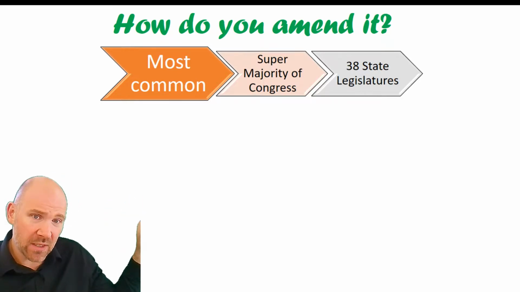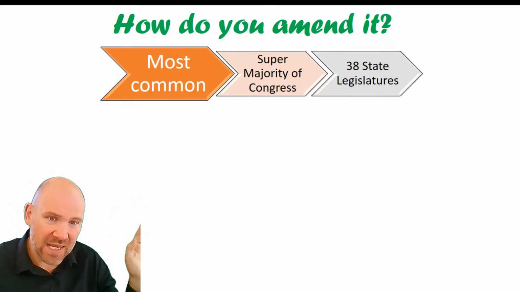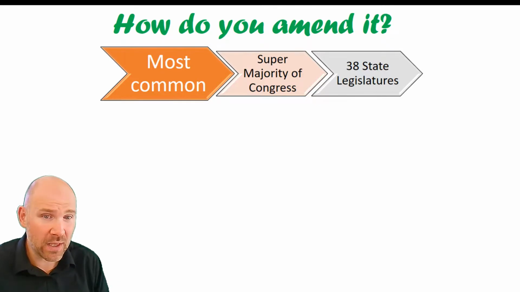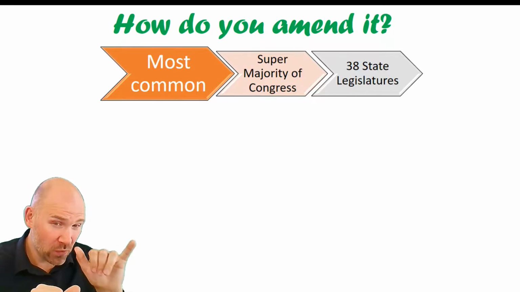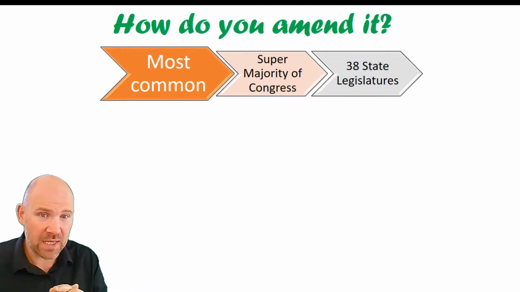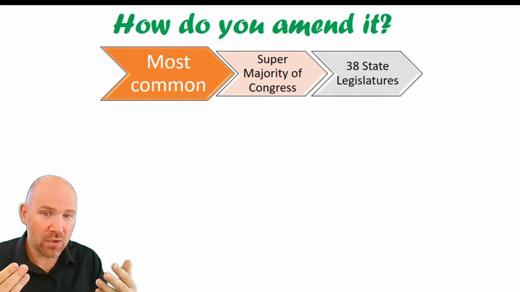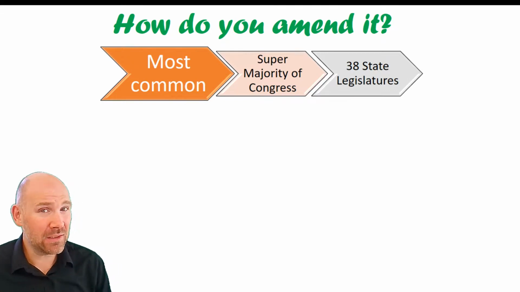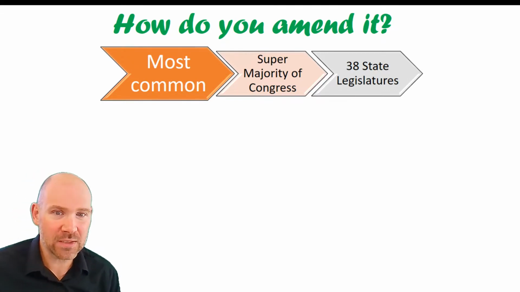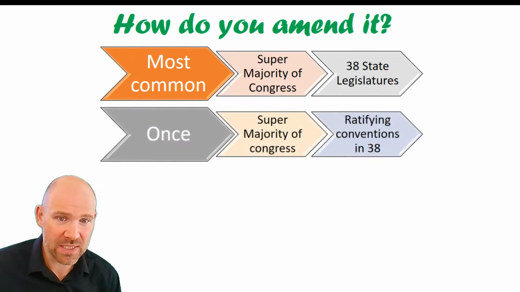Now, this is done by 38 state legislatures. Why is 38 important? Because that's 3/4 of the state legislatures. So it has to go through all of Congress, that's both houses, and then through 3/4 of all 50 states to become an amendment to the Constitution. That's a big deal. That's going to take a long time, and it's relatively unlikely to be successful, at least on the first attempt.